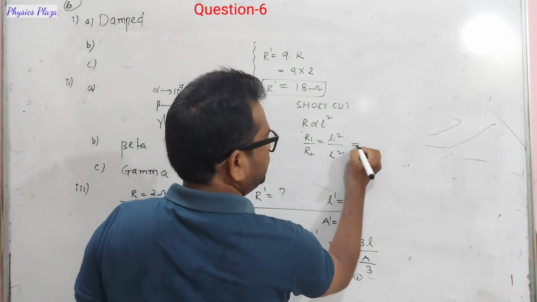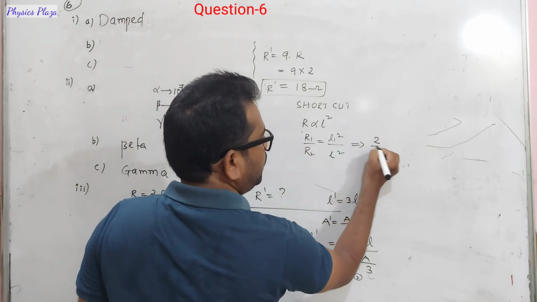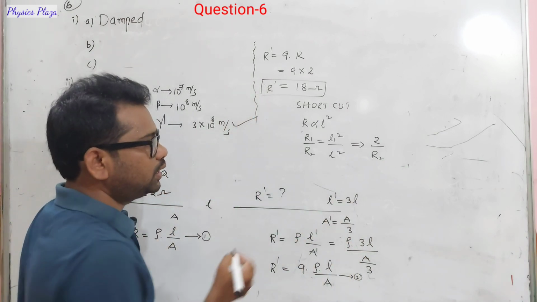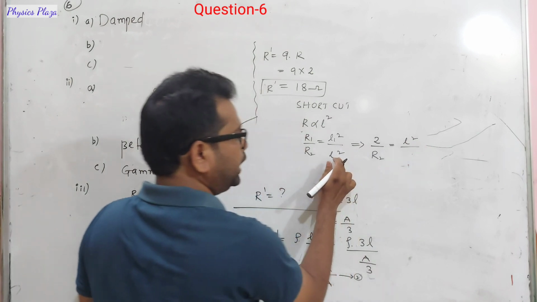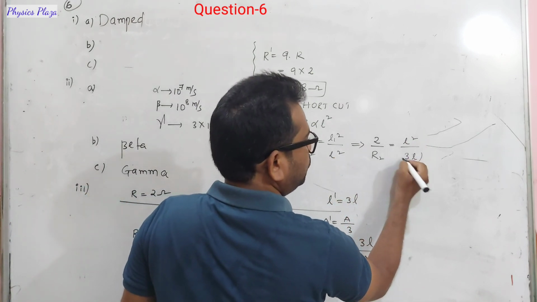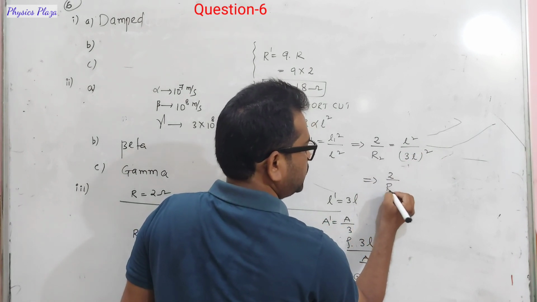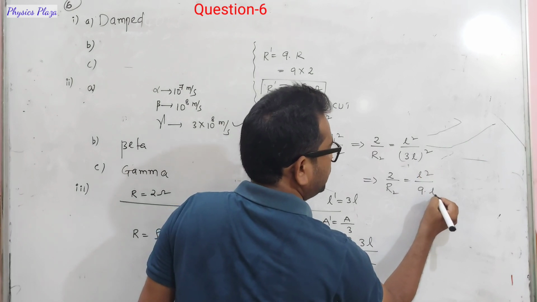Let R1 be the initial resistance, that is 2. R2 is the resistance after stretching, to be calculated, L1 is the initial length, and L2 will be 3 times L, that is 3L whole square. So 2 by R2 is equal to L square by 9 L square.